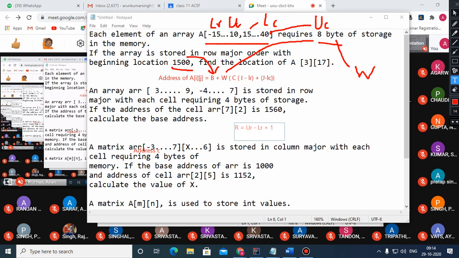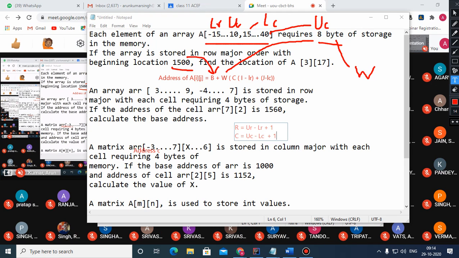And the second value, C, the total number of columns, will come from UC minus LC plus 1, that is upper limit of the column minus lower limit of the column plus 1. So this is how you can find the values.